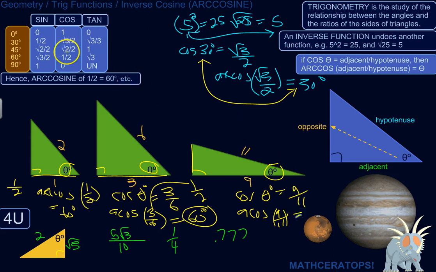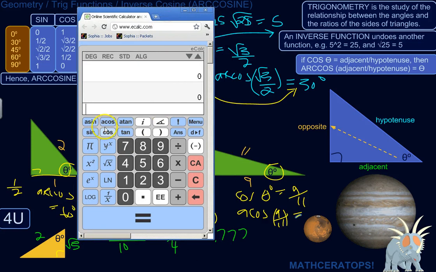Well, that is not on our chart. And can we reduce this ratio further into some ratio like one of these? No. So, alright, let's just grab our calculator. So we do arccosine of 9 elevenths, like that.